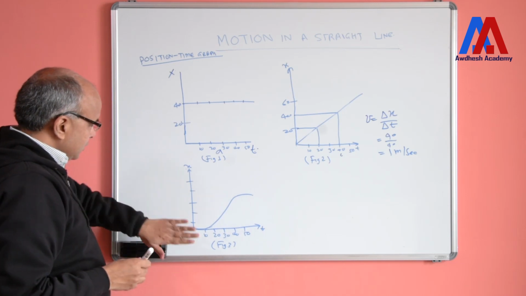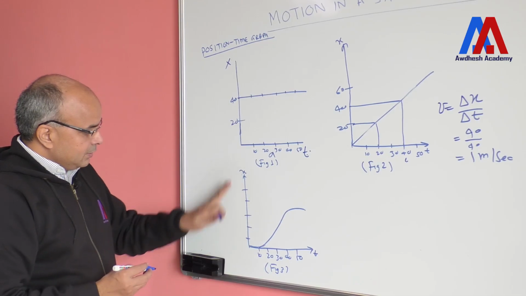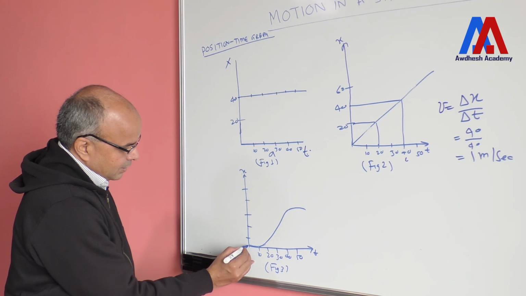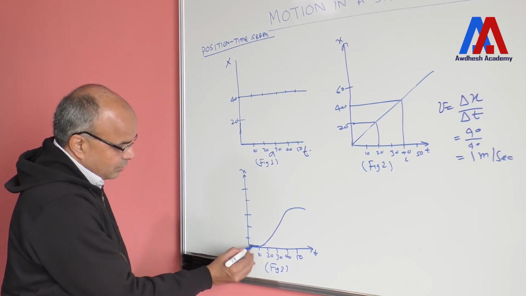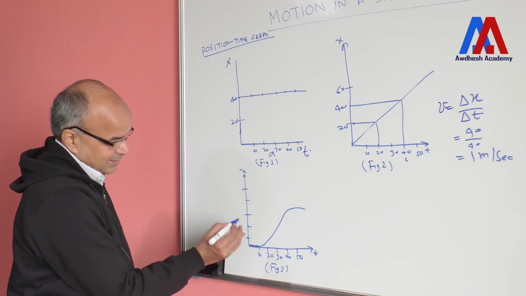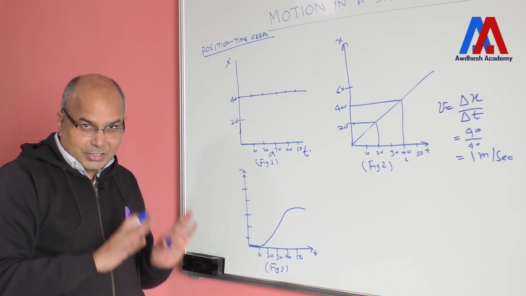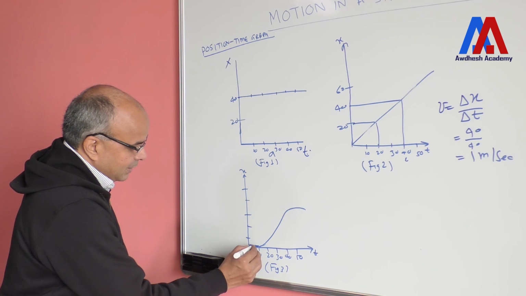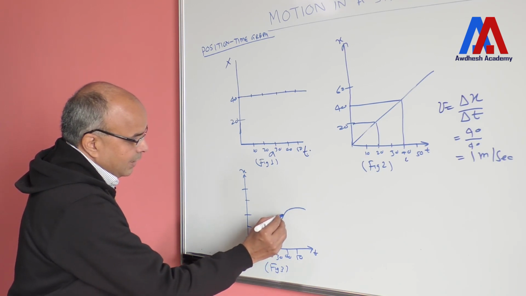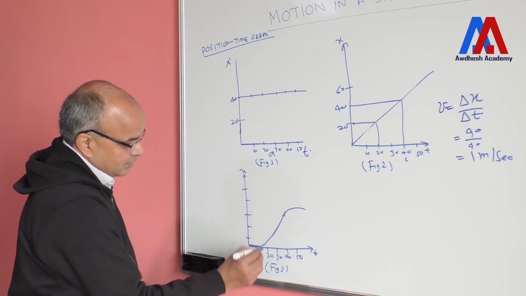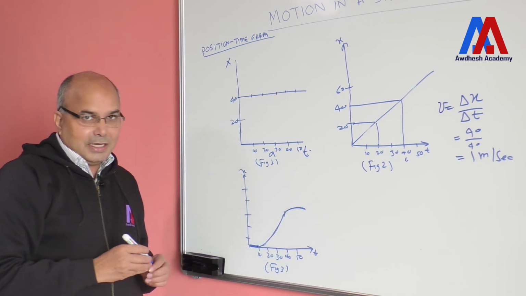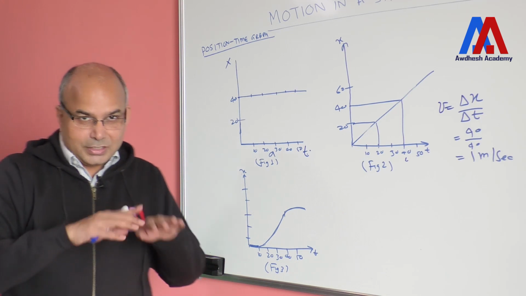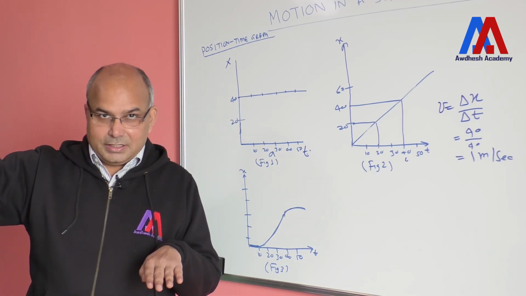Now come to the third graph. In the third graph, we see that initially the position does not change with time. It remained at 0 even though the time has moved to 10 seconds. That means this object was stationary. Thereafter it gathered speed and moved up to, say, 40 seconds, and thereafter it became stationary again. So this is stationary, then there is a movement, and then it is stationary again.